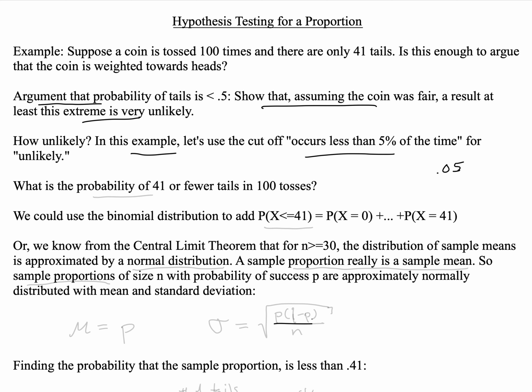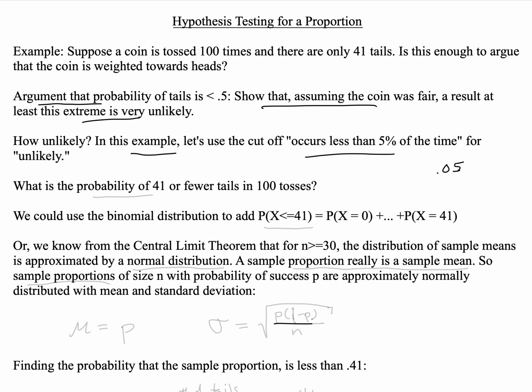To do that, we're going to use the central limit theorem. By the central limit theorem, we know that sample means are approximated by a normal distribution. And as we said in a previous video, a sample proportion really is a sample mean. You could think of it as yeses are ones, nos are zeros, or tails are ones, heads are zeros, and you're adding all those up and dividing by the number of trials.